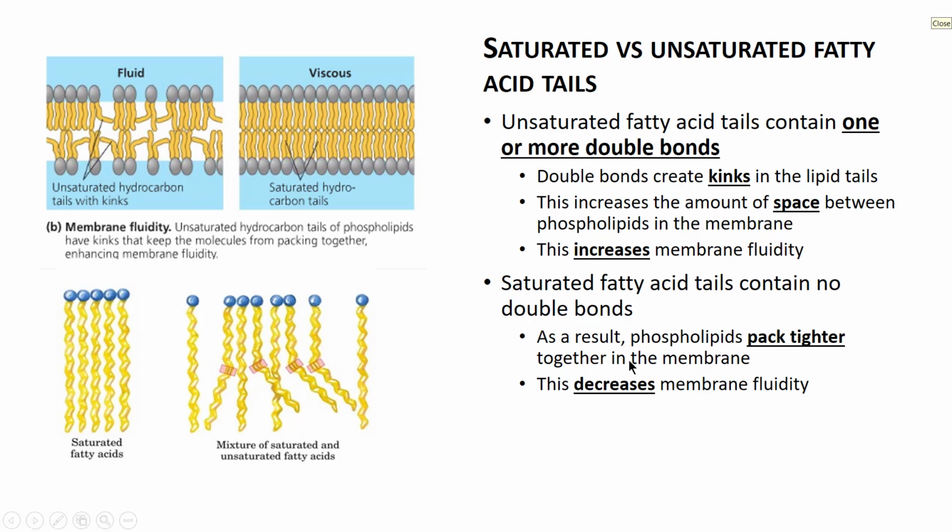What you'll find is that unsaturated fats tend to have more kinks in their tails, and this is due to the fact that they have double bonds, more technically speaking. Double bonds cause the tail to bend and kink, and what that does from a technical standpoint is force more space, as you can see here in this upper left. It forces there to be more space naturally between the phospholipids.